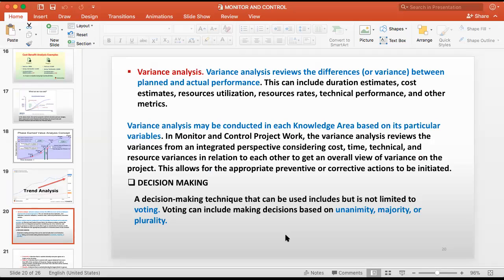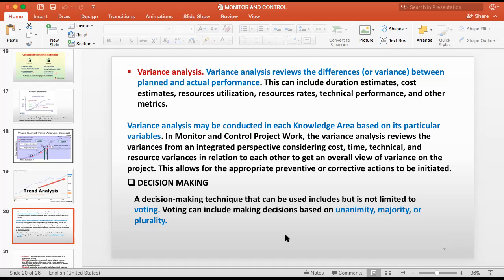So variance analysis may be conducted in each knowledge area based on its particular variables. In the monitoring and control process, the variance analysis reviews the variance from an integrated perspective. All these things, variance analysis, we have learned earlier.